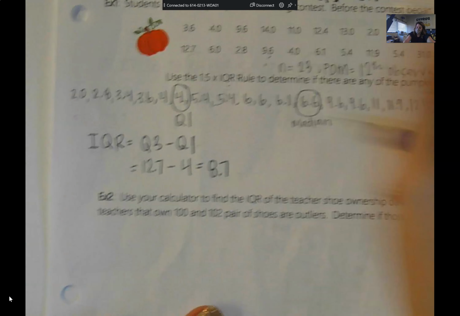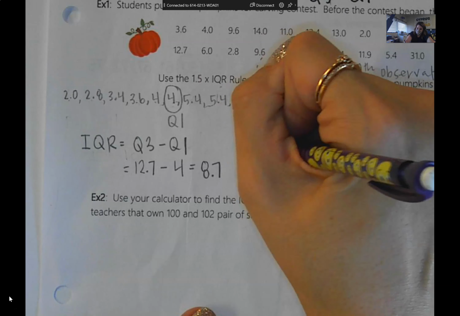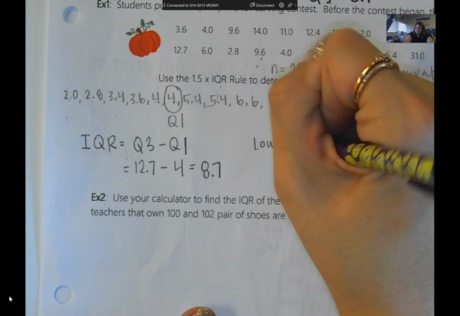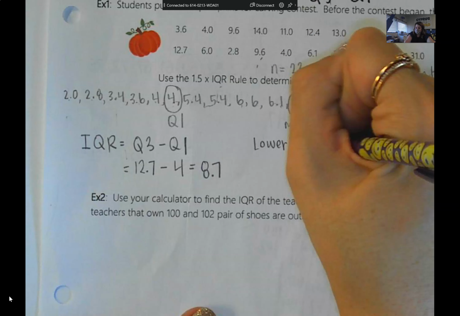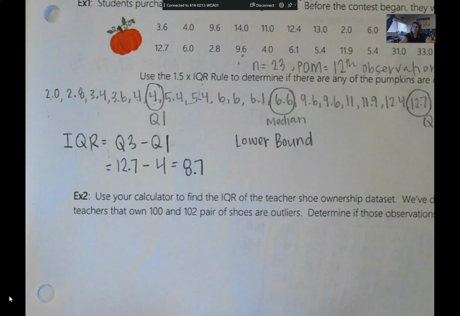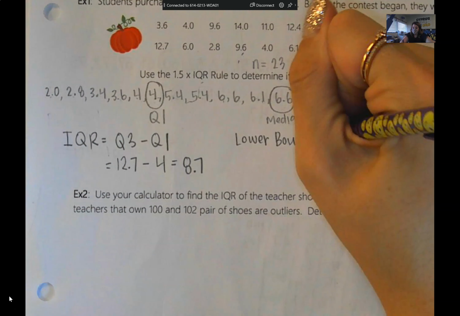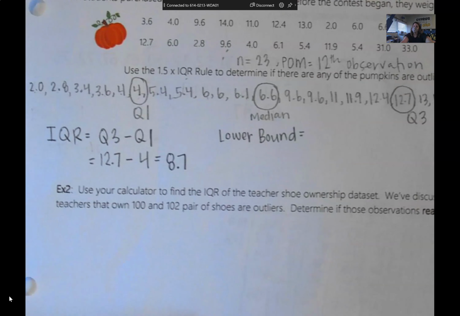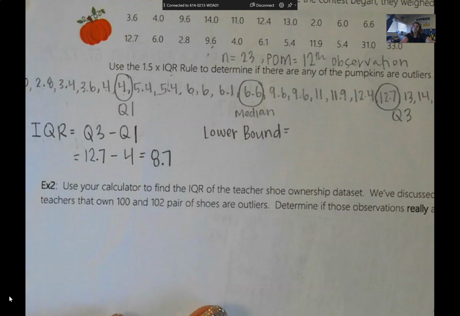Okay, so now I'm going to find my lower bound. After this problem, I'll just write LB and UB, but just so I have one example where I write everything out, I'm going to write it out on this one.